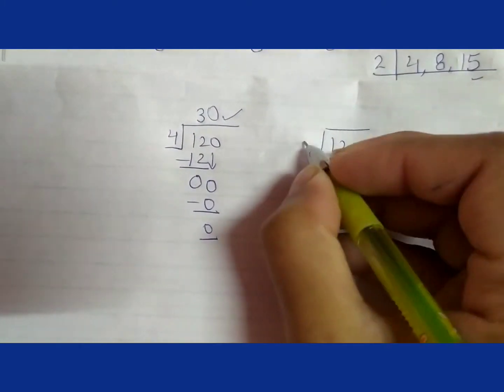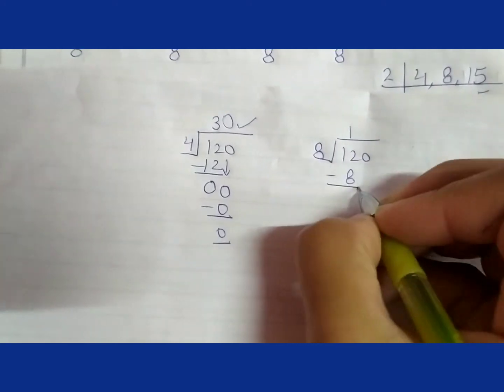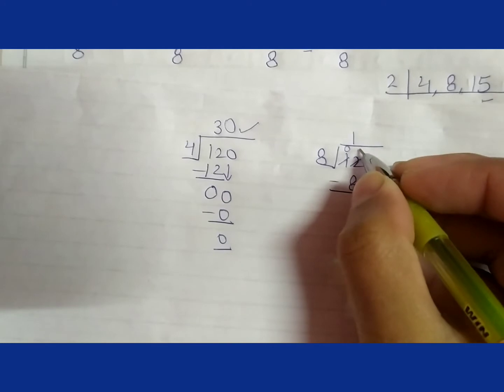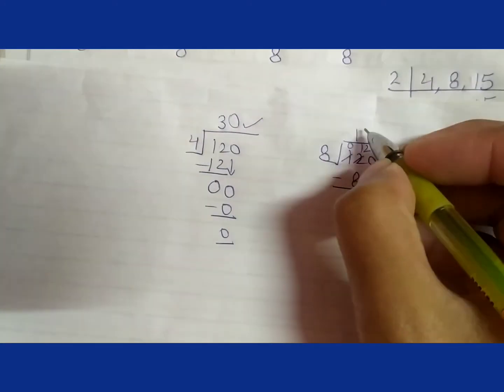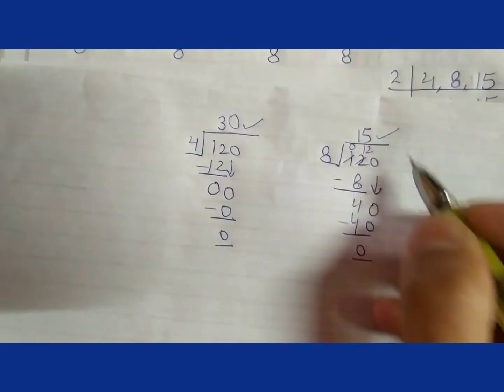120 divided by 8. Children, 8 ones are 8. 2 minus 8, 2 is smaller than 8. Borrow 1 from the 1, making 0, and here 12. 12 minus 8, 4. Write down 0. 8 5s are 40. 40 minus 40 equal to 0. Your answer is 15.